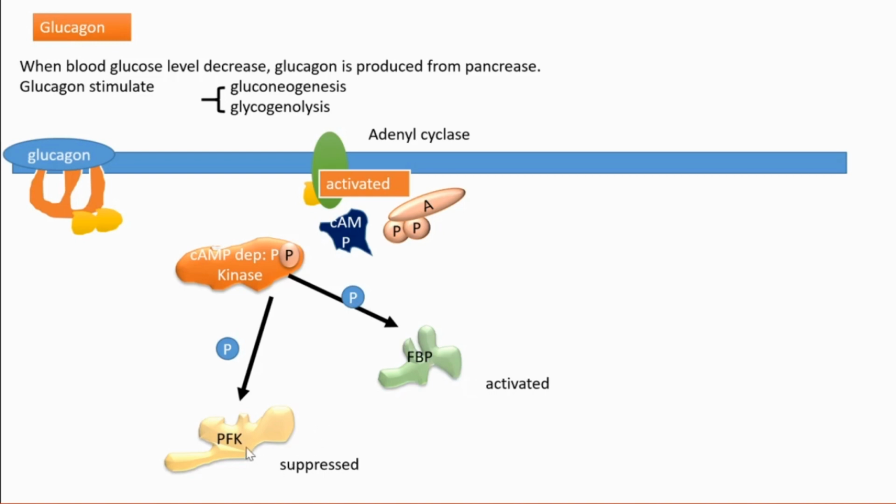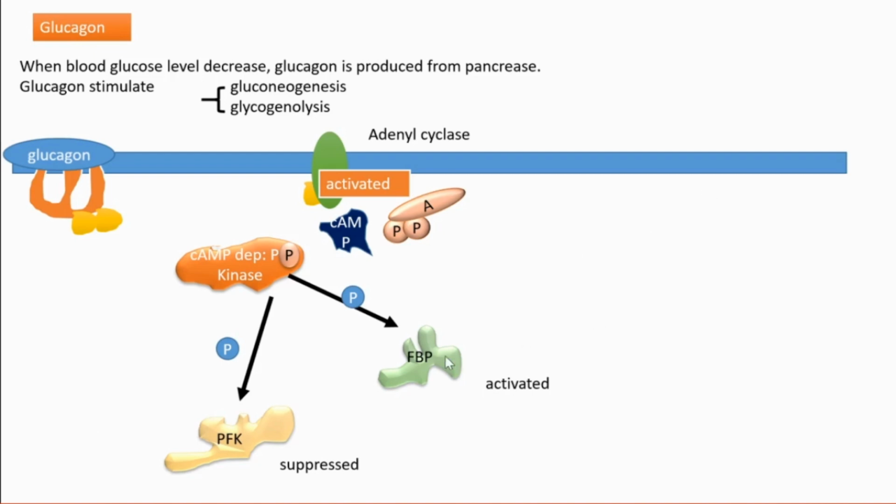And because of the suppression of phosphofructokinase, what is the end result? Glycolysis becomes suppressed because it's a key enzyme supporting glycolysis. Glycolysis means breaking down of glucose. In that way, the glycolytic pathway can be stopped, and as the glycolytic pathway is stopped, the glucose level can increase in the blood.